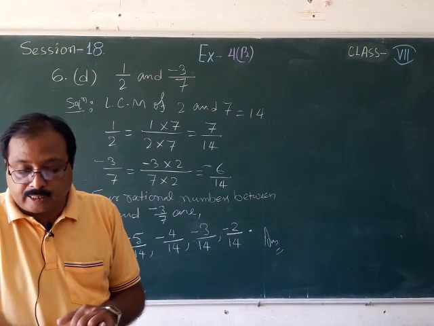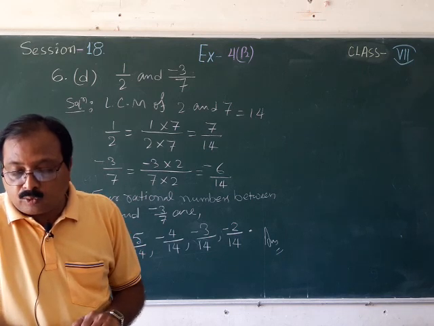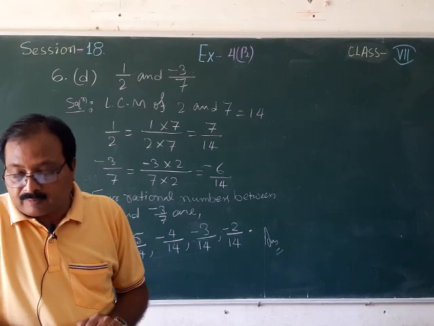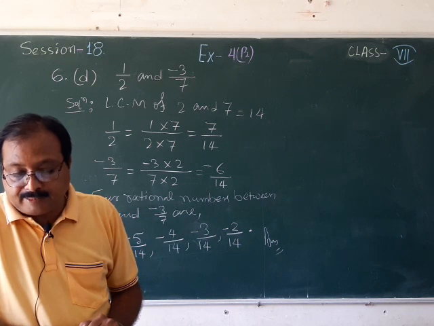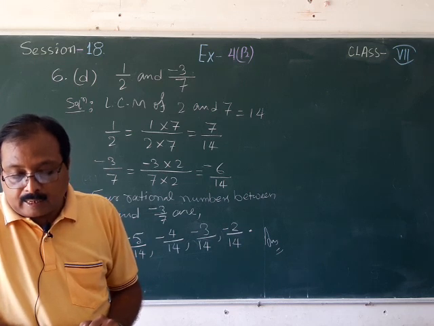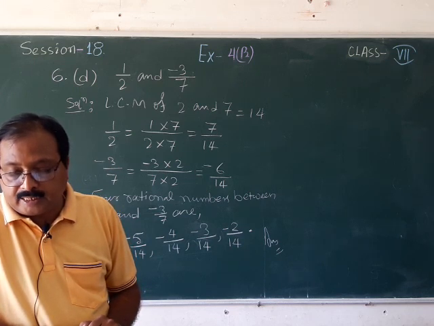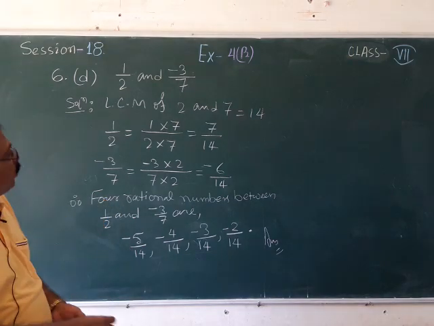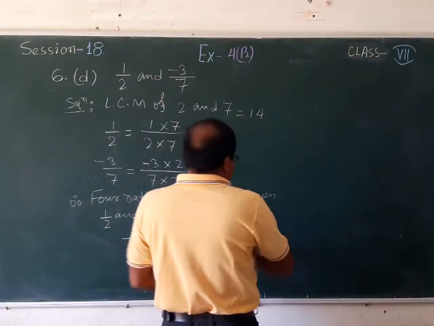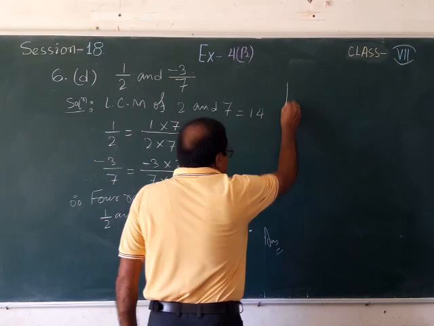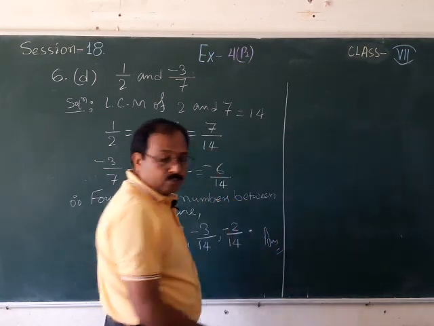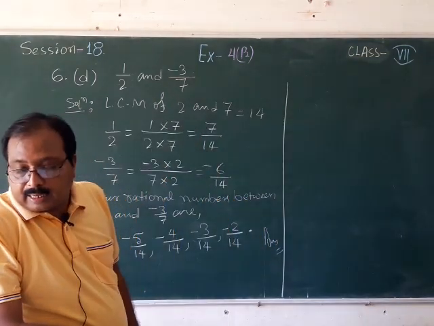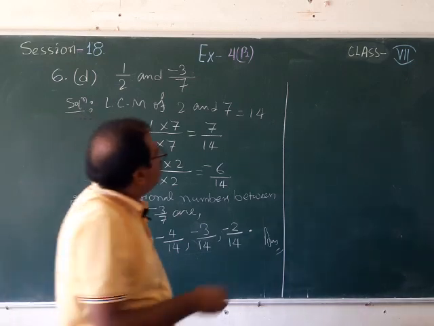In question 7, the weights of Deepak and Manoj are 985/15 kg and 567/7 kg respectively. Who is heavier? So here you need to compare them. Which two fractions will you compare? 985 upon 15.